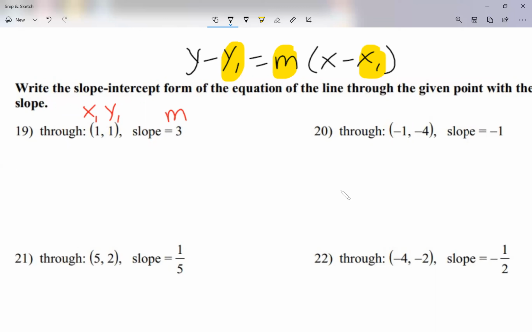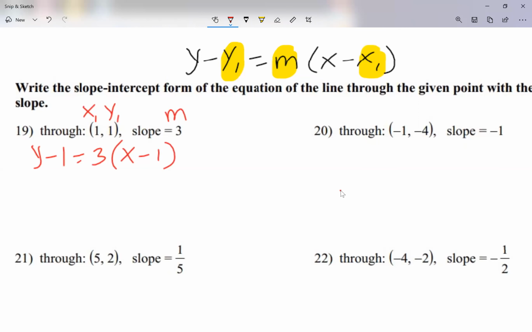So let me replace the values of what was given. So let me write this as y minus 1, it's equal to 3, and then inside parentheses, x minus 1. Notice my y1, my m, and my x1, I replace them with the values given.